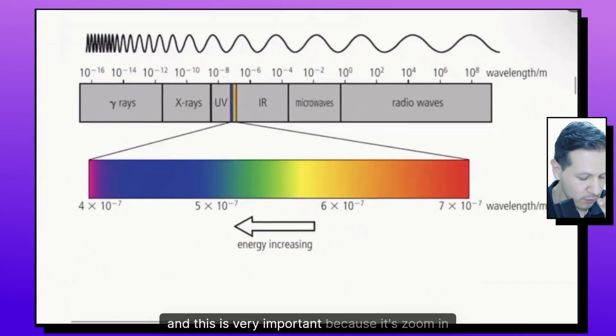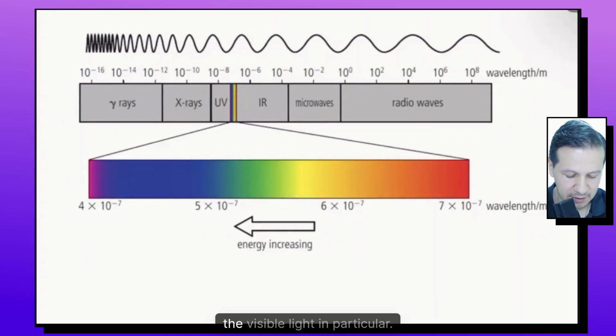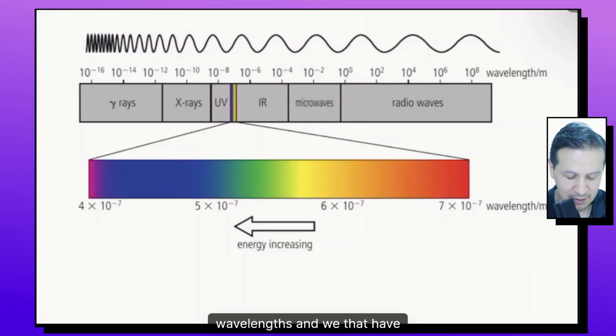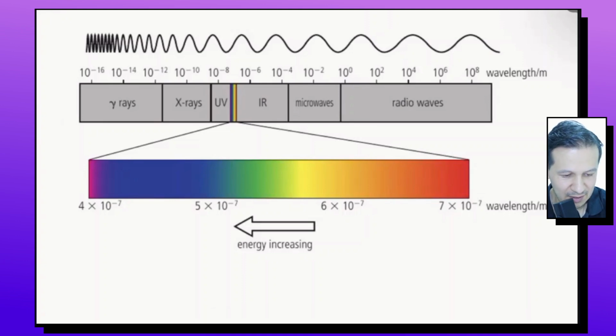This is very important because it zooms in on the visible light in particular. As I mentioned before, we have different wavelengths, different frequencies, and of course different energy. Here we have the gamma rays. Here we have the radio waves. They have the biggest wavelength.